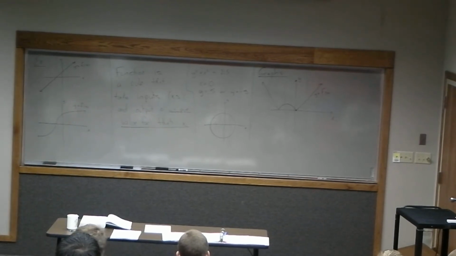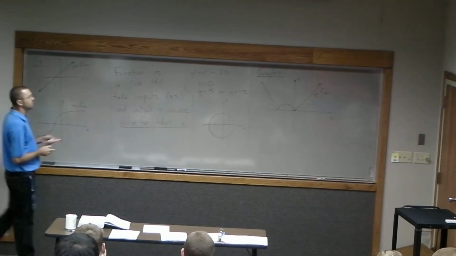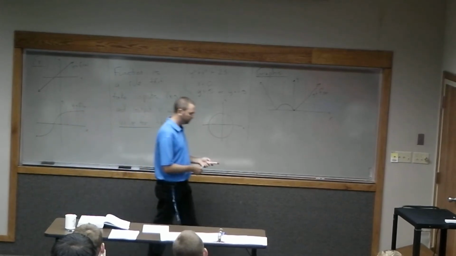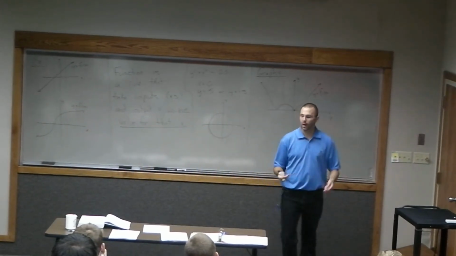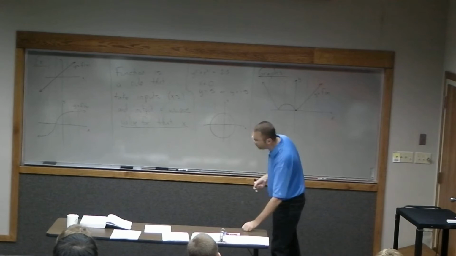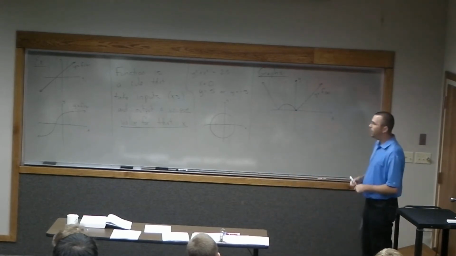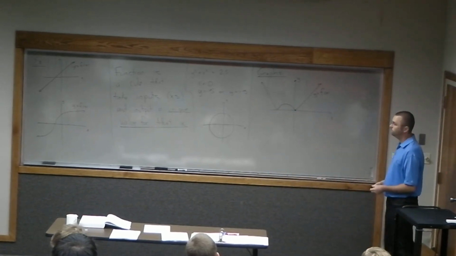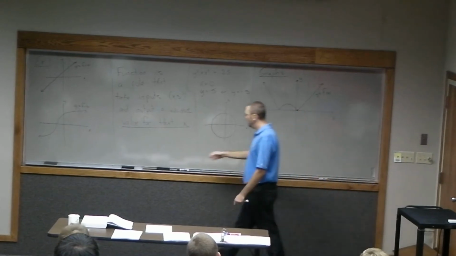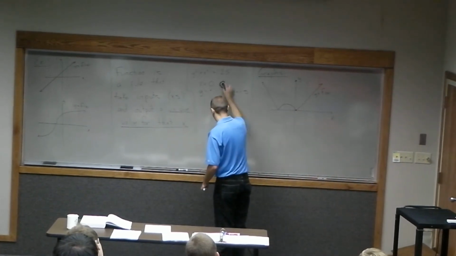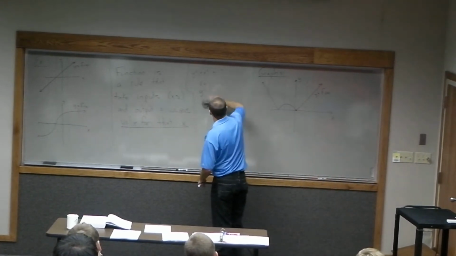Okay? So, two different ways right now that we can interpret graphs. We have functions and we have pictures. Other ways that we can represent functions: we can always draw little tables of data.